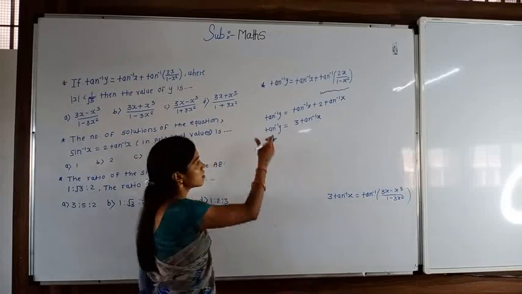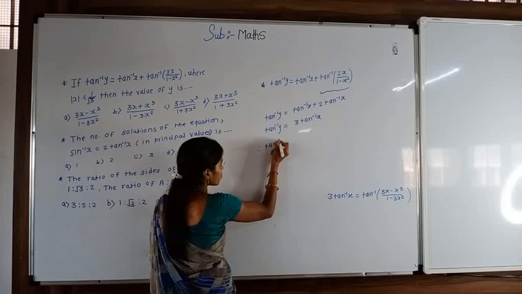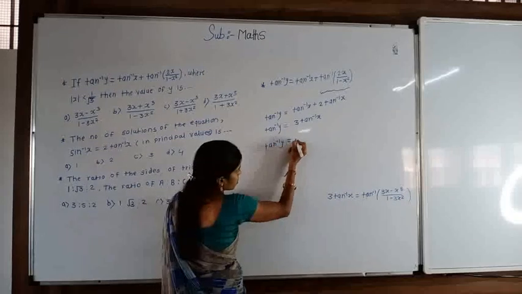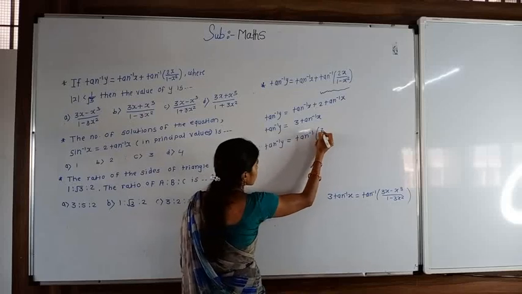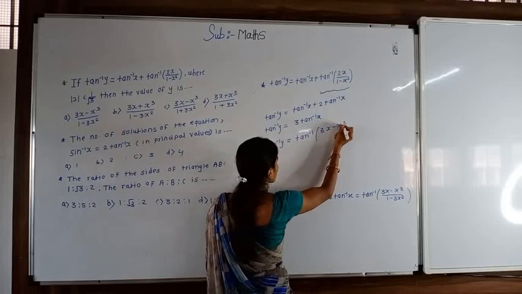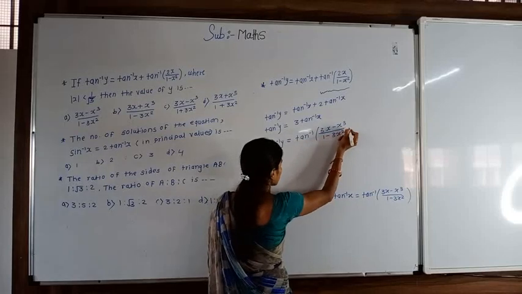Use this identity. So we can write tan inverse y is equal to tan inverse of (3x minus x cube divided by 1 minus 3x square). Okay.